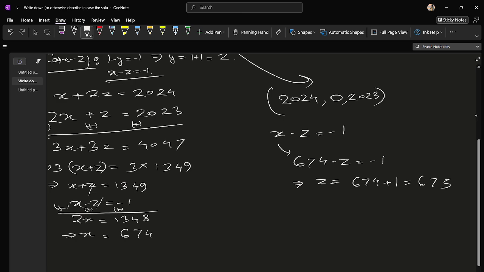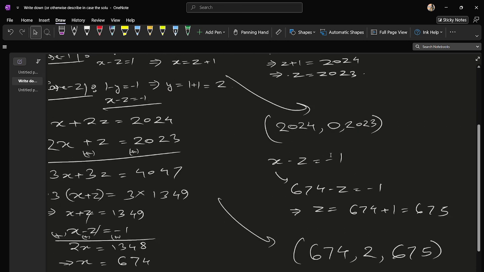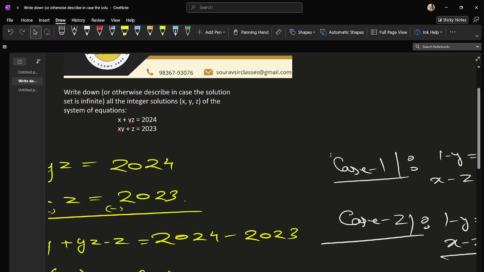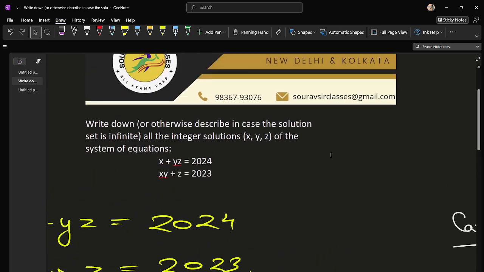So we are getting another solution: 674, 2 and 675. I think this is a very easy question which appeared in the question set. Hope you understood, guys.